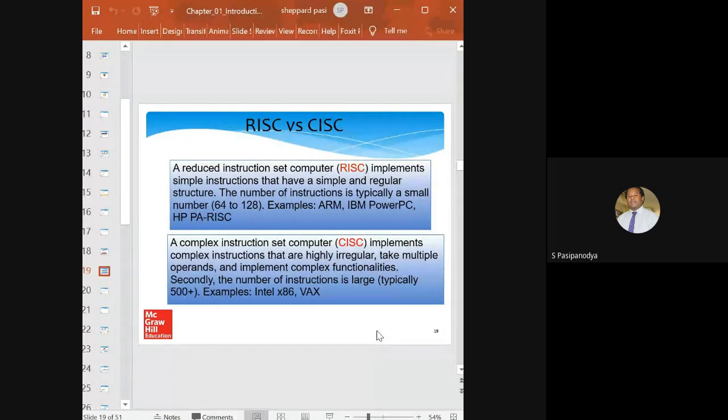And then we have the complex instruction set computer, which implements complex instructions that are more highly irregular, allowing it to take multiple operands and implementing complex functionality.